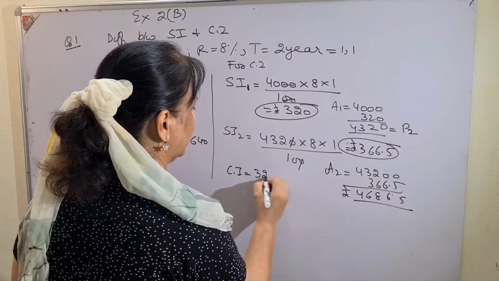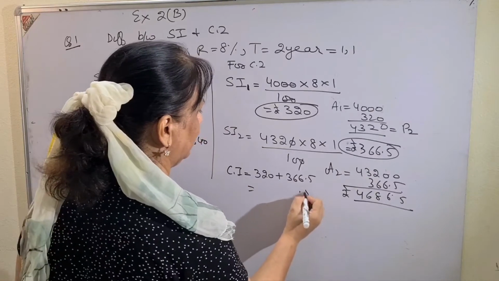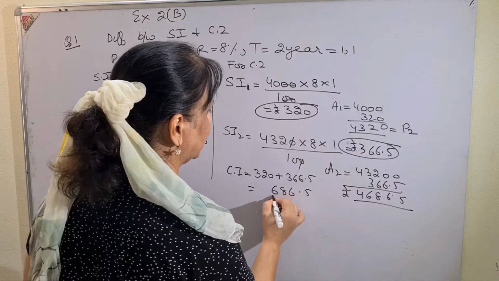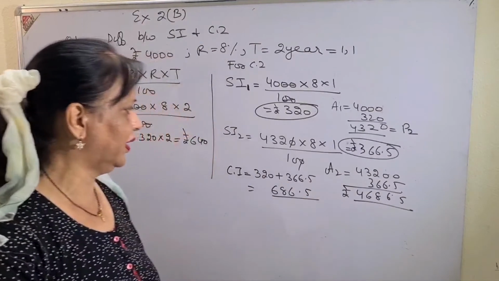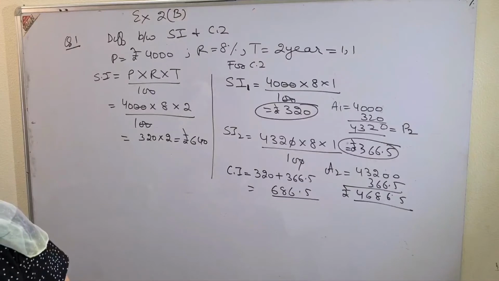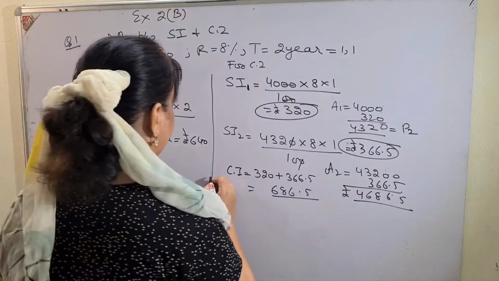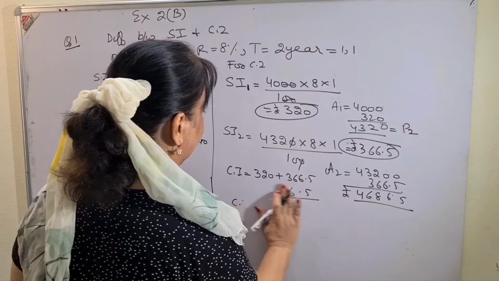That means 320 plus 366.5. This will be 0.5, 6, 6 to 8, 6, 86.5. I got 686.5.